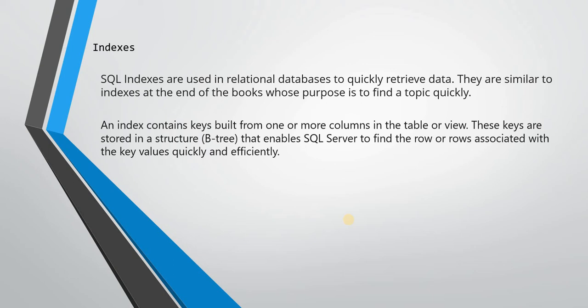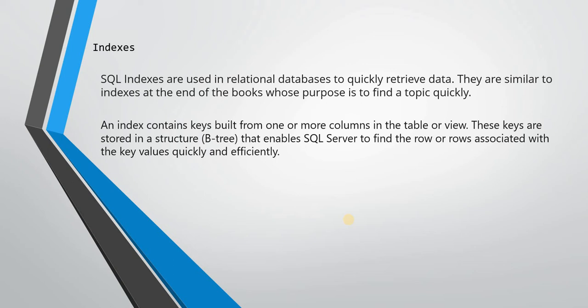If you want to find some topic, you simply go to that chapter, find the topic under it, go to that page, and you got your topic and can start reading it. Similarly, an index works in the same fashion in SQL Server, or for that matter on any database.